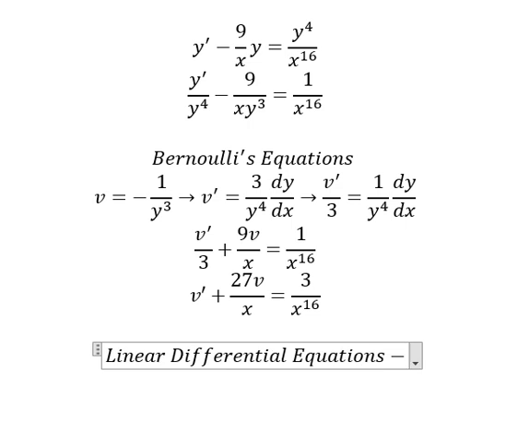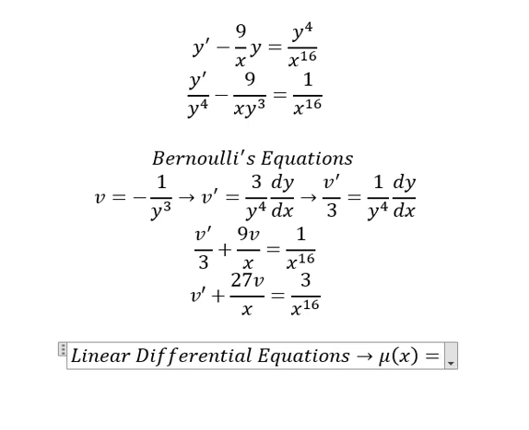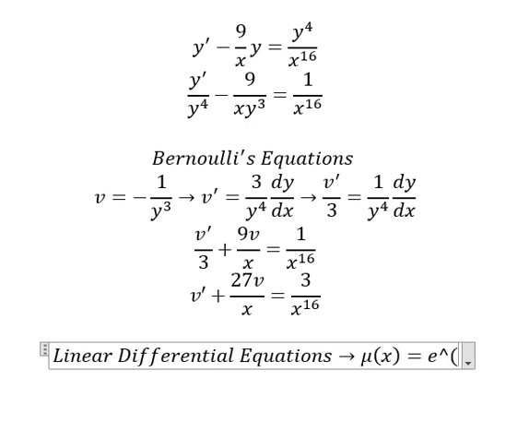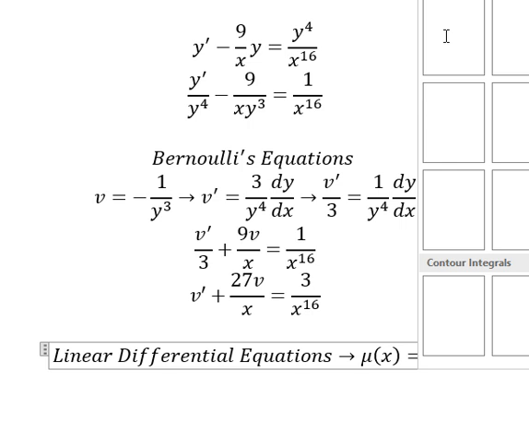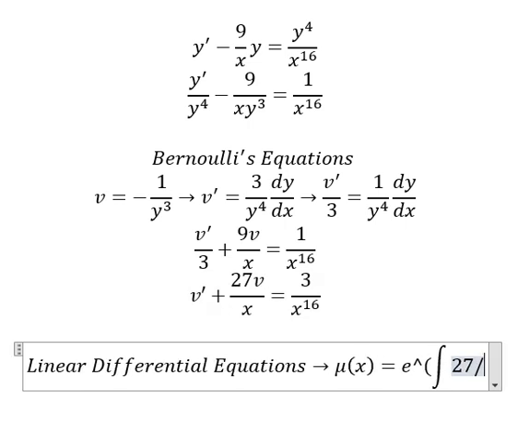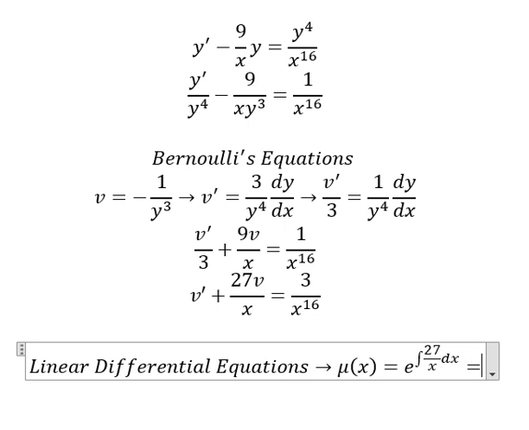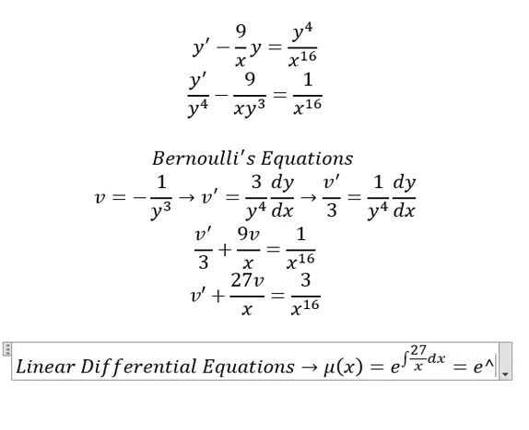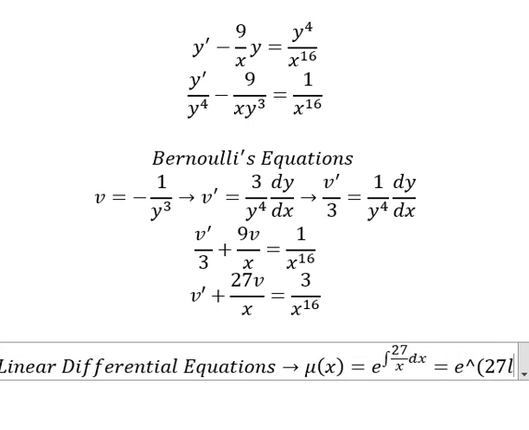So I will need to find mu of x equals to e to the power of the integration. So we can see that number 27 over x next to v. This is for integrating factor. And you got e to the power of 27 ln x.